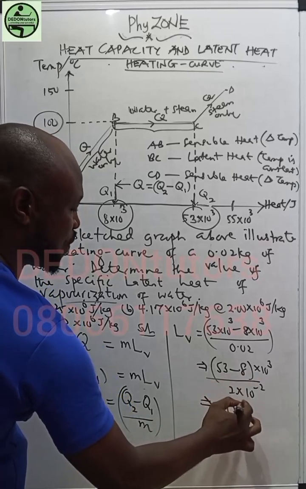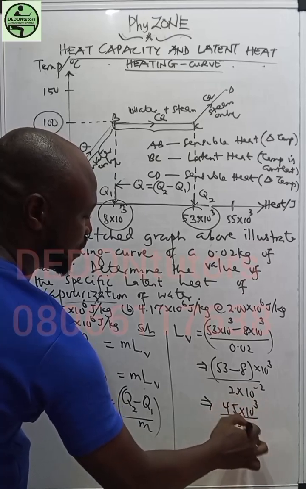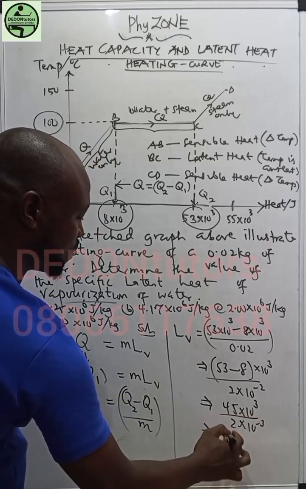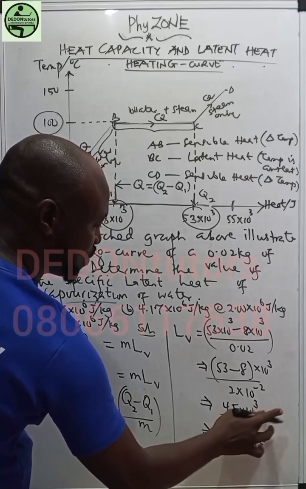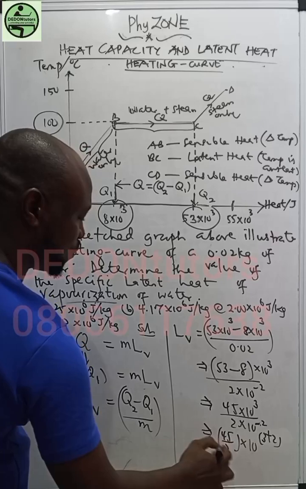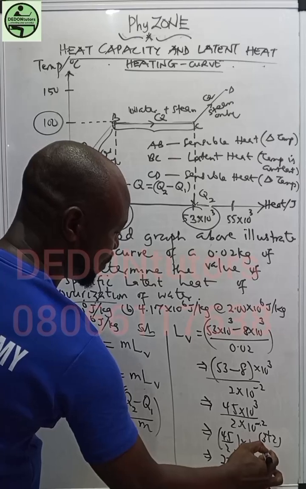Here you have 45 times 10 to the power 3 over 2 times 10 to the power minus 2. To divide this, 45 over 2 is 22.5, times 10 to the power 3, and the minus 2 goes up as positive. So we have 22.5 times 10 to the power 5.